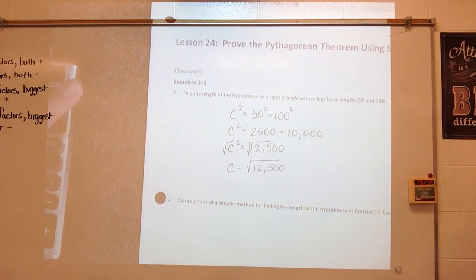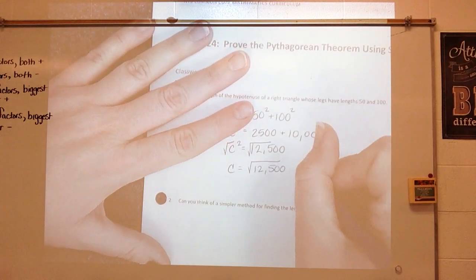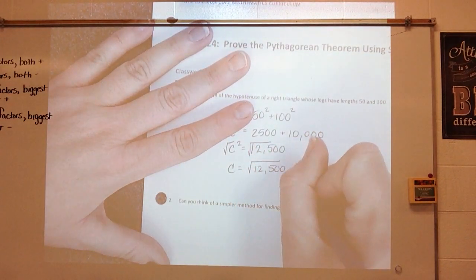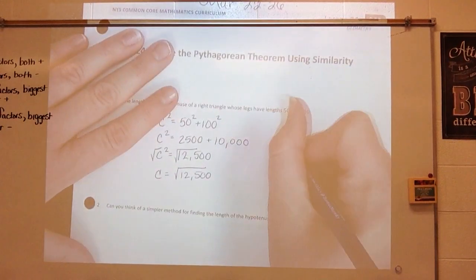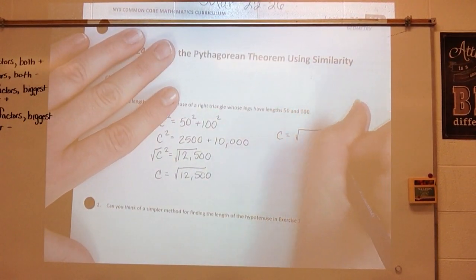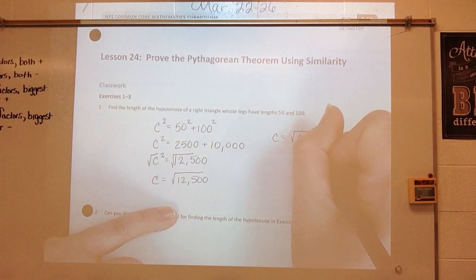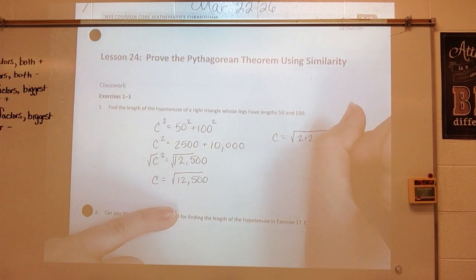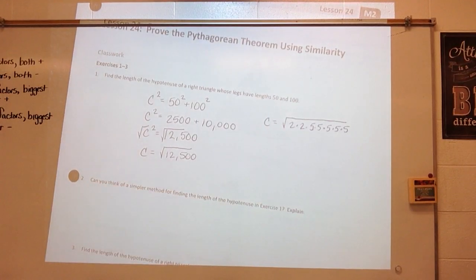So I can split this into the square root of 2 times 2 times 5 times 5 times 5 times 5 times 5.